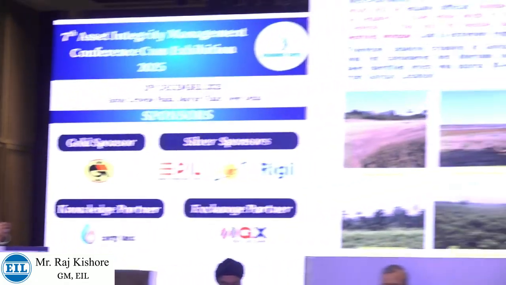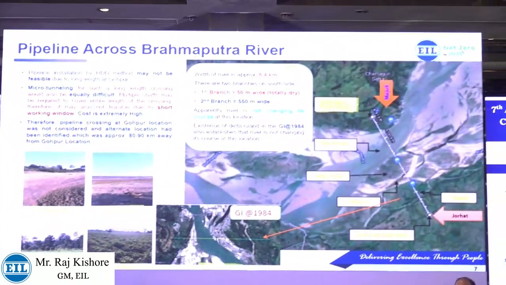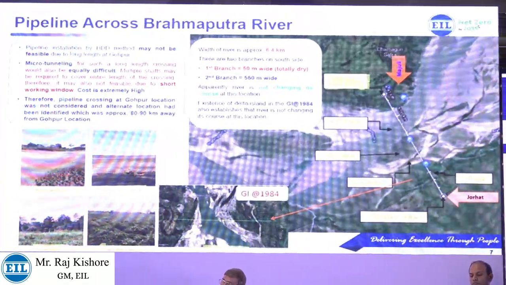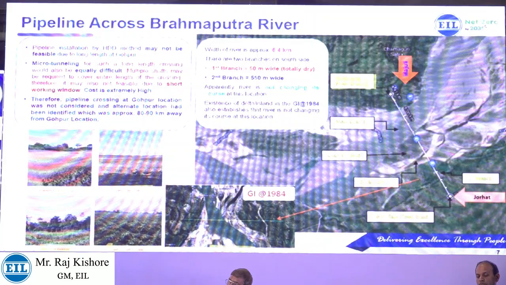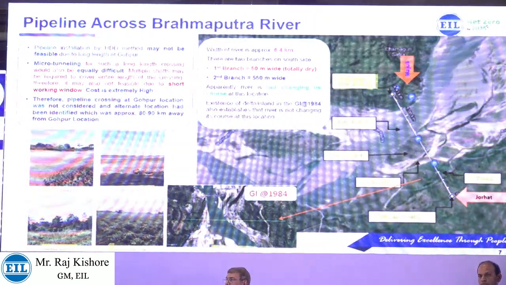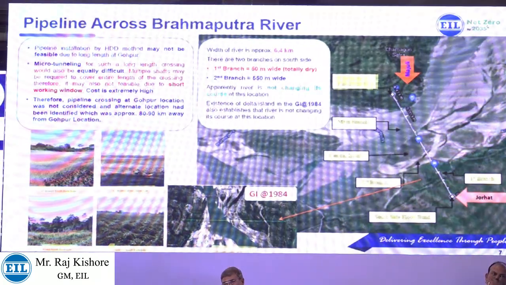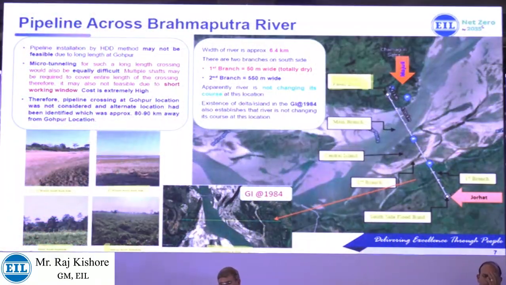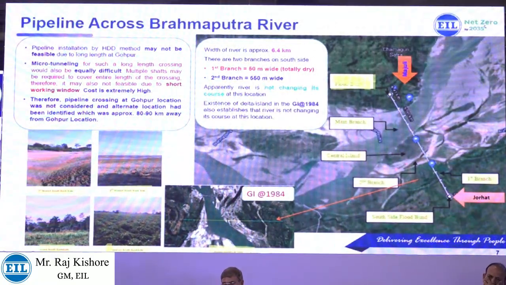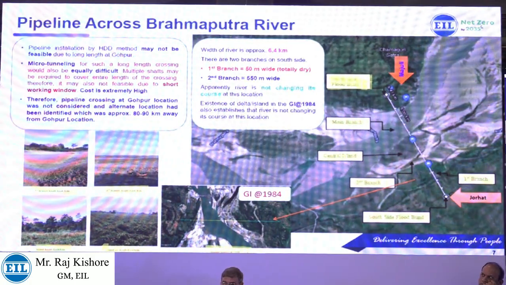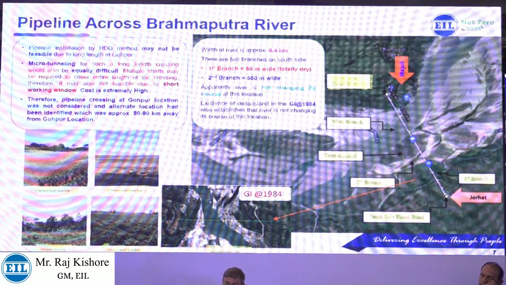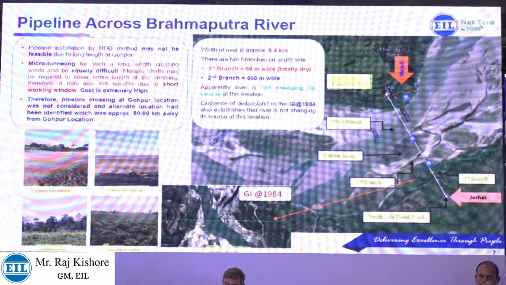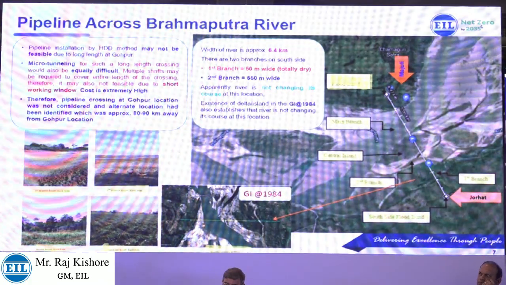Micro-tunneling for such a length is not possible, so a big tunnel of more than 3.5 meters was engineered, and the cost was almost 1,500 crore for that tunnel only. By increasing the length by 70 to 80 kilometers, at almost 5 crore per kilometer for this 26-inch pipeline, the cost was almost 450 crore. So we saved almost 1,000 crore by crossing this way.